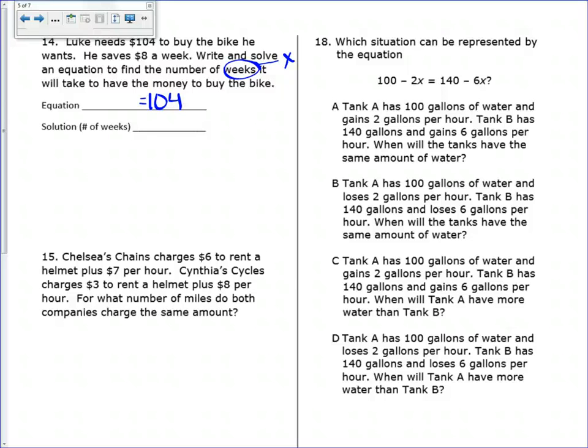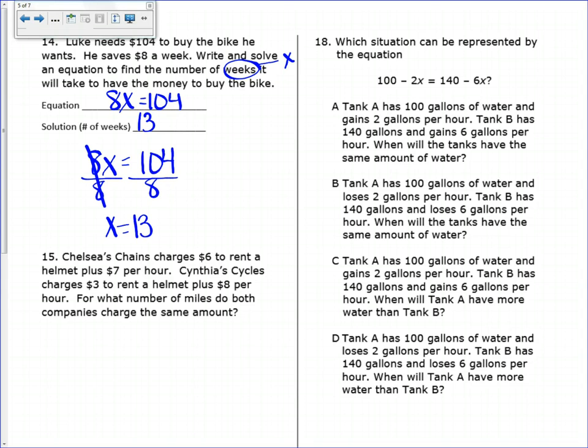And if he's saving $8 a week, that would be 8x. So the solution for what x equals, we're going to divide, we get x equals 13. So after 13 weeks, Luke should be able to buy the bike he wants.